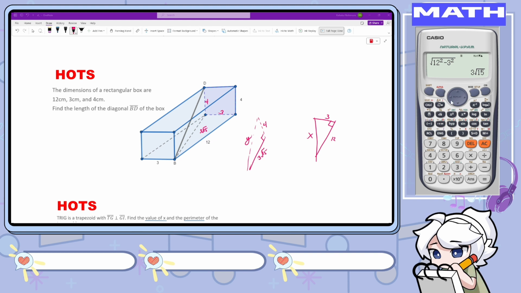Oh, it's not minus, I'm sorry. It's supposed to be plus. It's not supposed to be minus because it's already the diagonal. So this is going to be 3 square root of 17, squared, plus 16, or 4 squared. So you have the answer for y as 13. Simple as that, right?